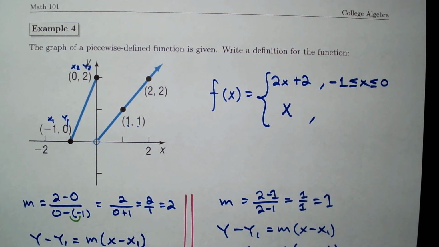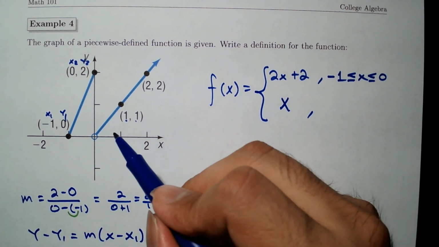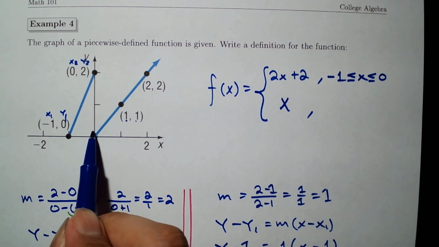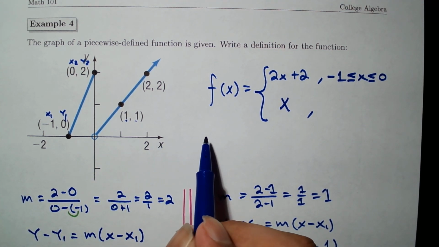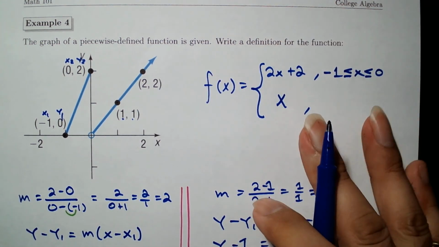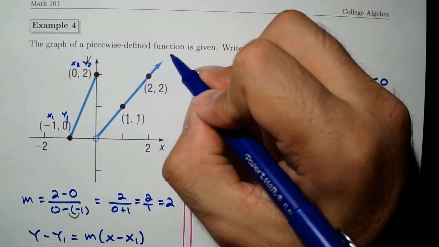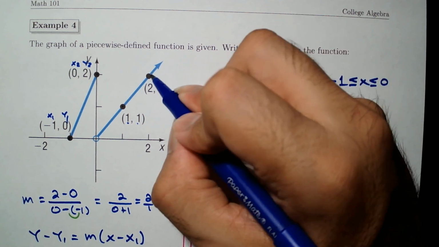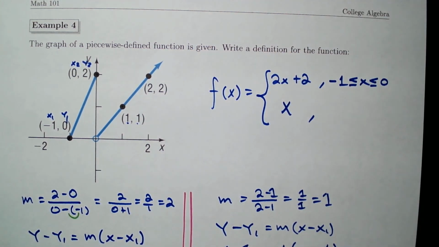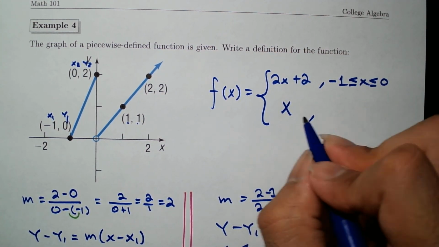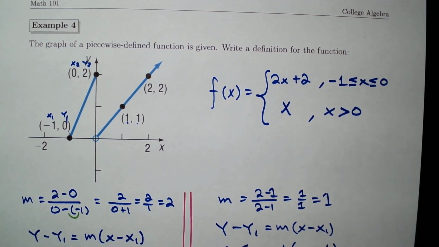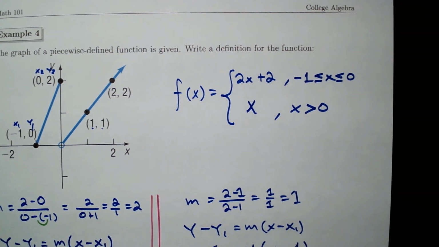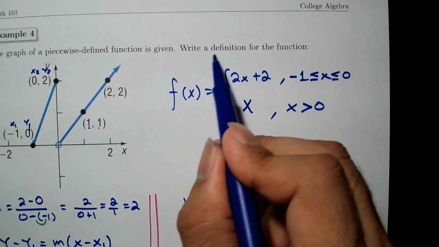On the other hand, for the second part of the function, it has an open bubble at 0 and goes all the way to positive infinity as indicated in this arrow telling us that goes on forever. So the way to write that using a condition is x greater than 0, and that's what they were asking us for.